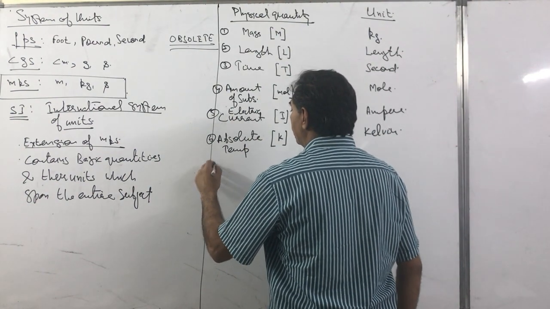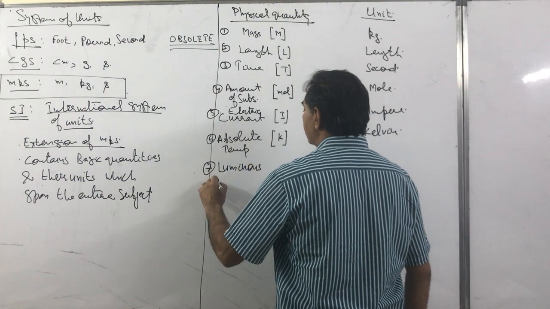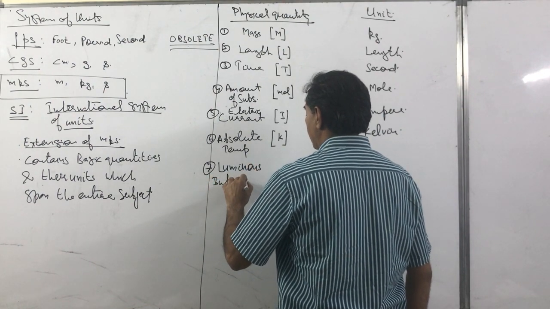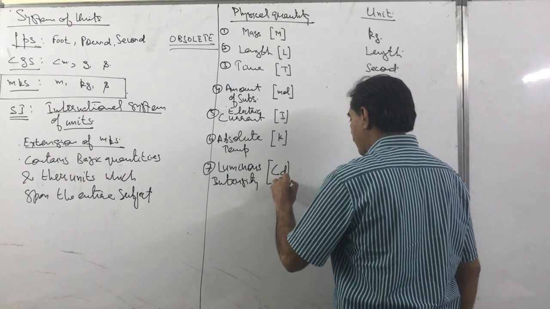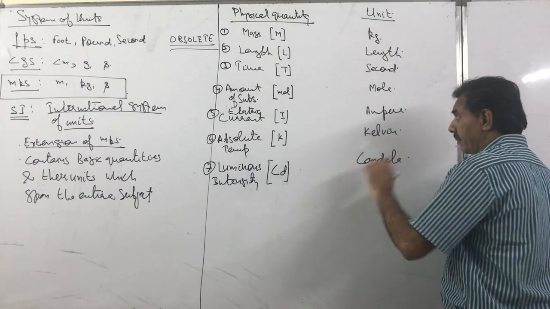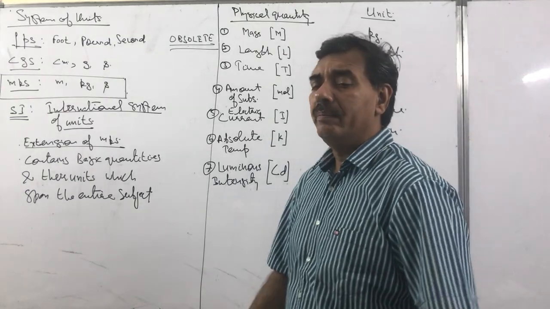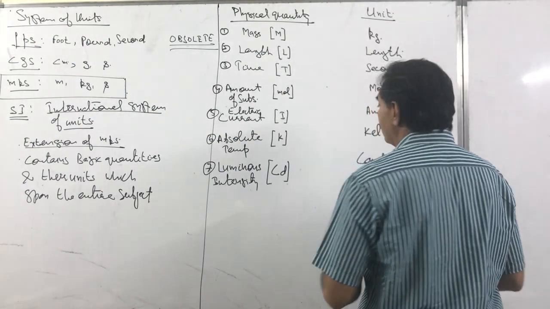And the 7th we have luminous intensity, with unit candela, from candle. These are the 7 major units.